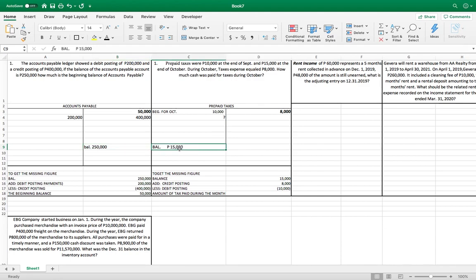So normal balance 15,000 debit, add 8,000, that means 23,000, minus 10,000. Therefore, the missing amount, the cash paid for taxes, is 13,000. Check: 23 minus 8 equals 15. The formula is here below. So 13,000 is the answer.